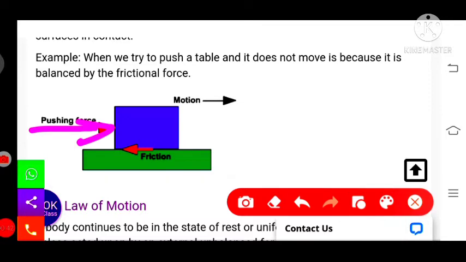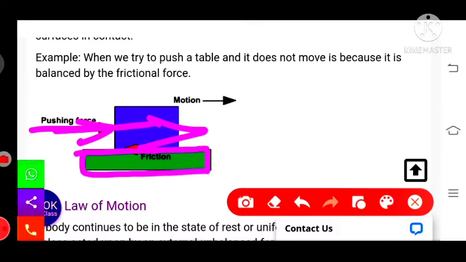the force is applied on this table or anything else in this direction, and the frictional force arises where it is in contact with another surface.